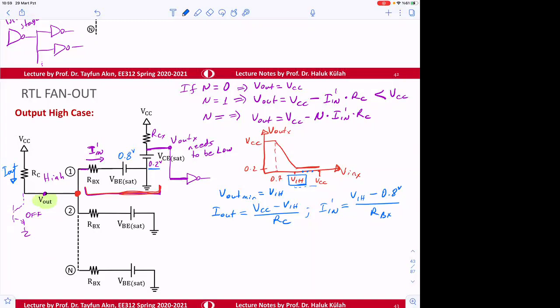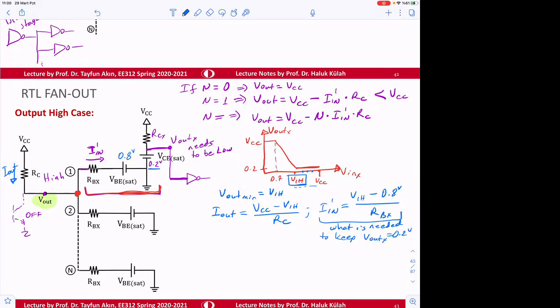Okay. So that is what is needed by the next gate so that it will still be in saturation, to keep V out X at 0.2 volts.